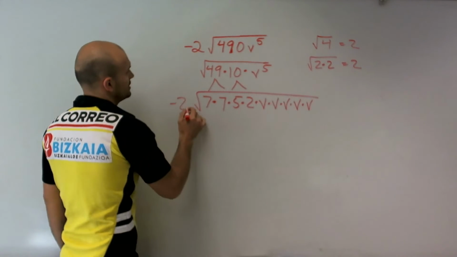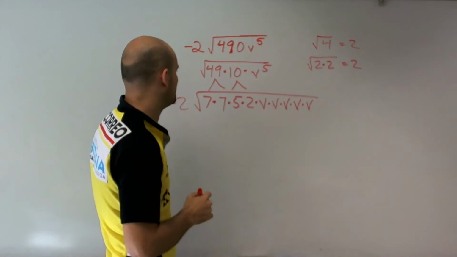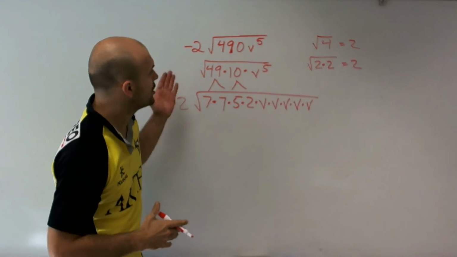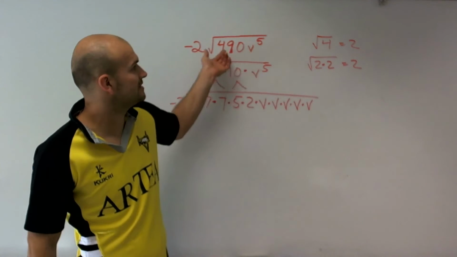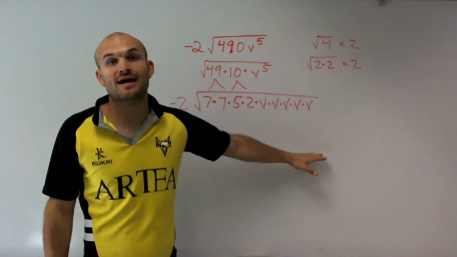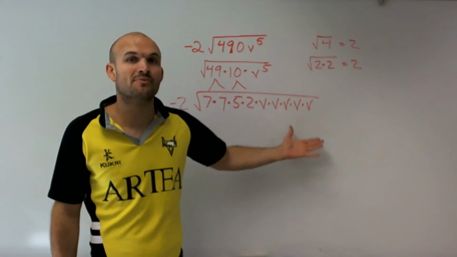Okay, this is what we call linearized factored form. What I've done is I have broken down this radicand to its linear factors. We can't factor any of these numbers any further.